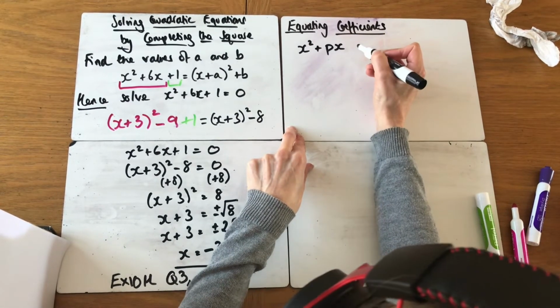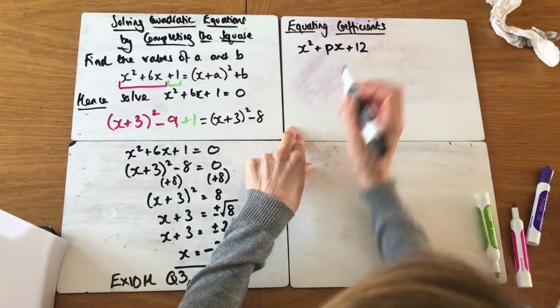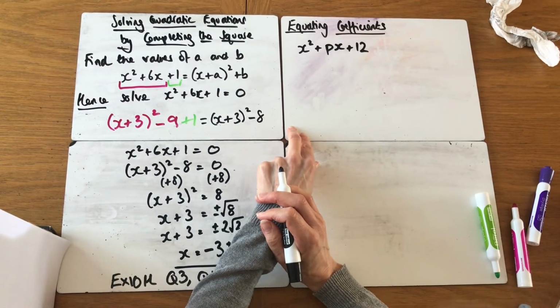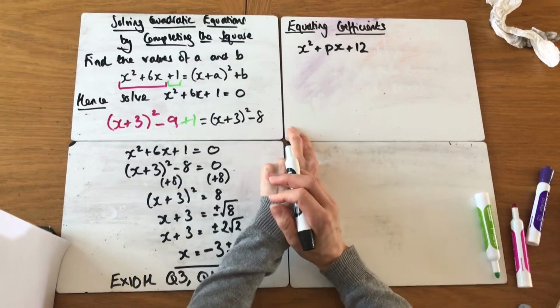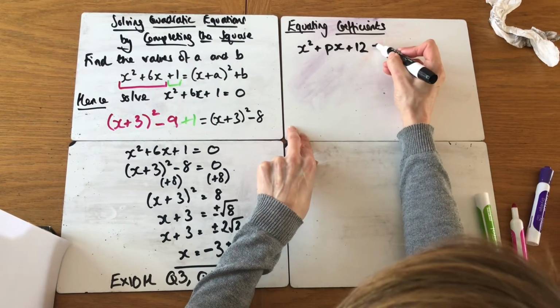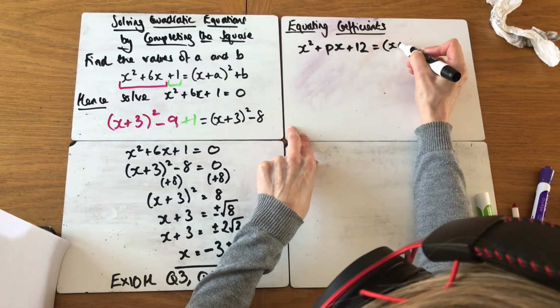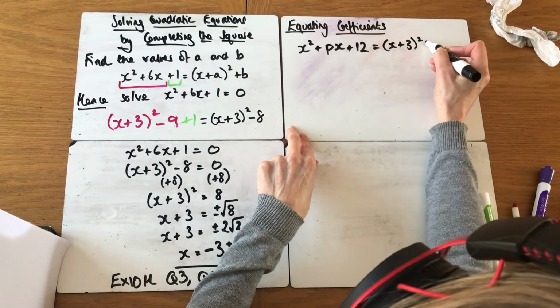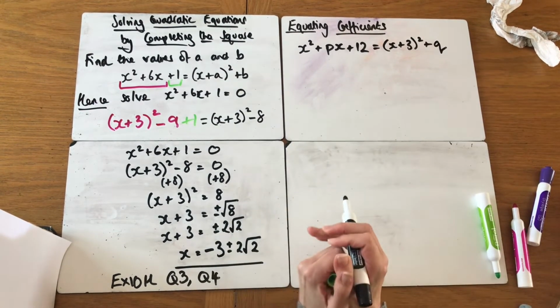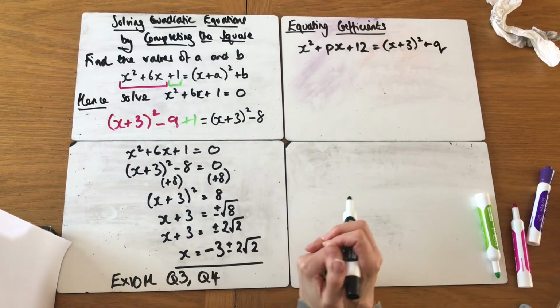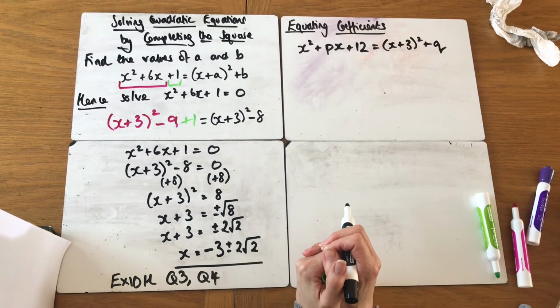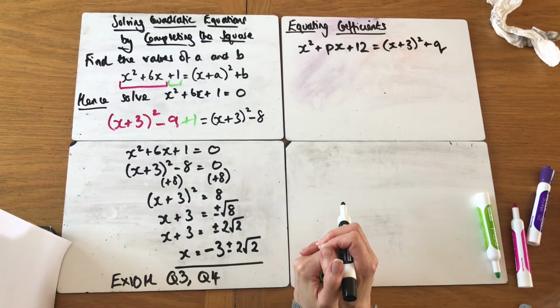So for example, if I'm given that x squared plus px plus 12, where p is a coefficient that we don't know, is equal to x plus 3 squared plus q, I could be asked to use equating coefficients to find the values of p and q.